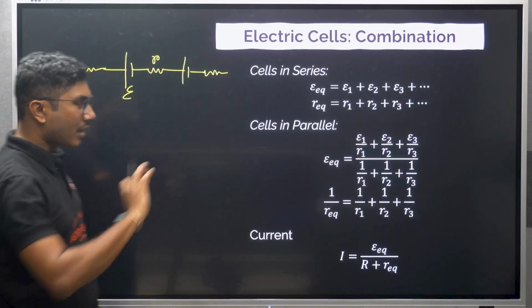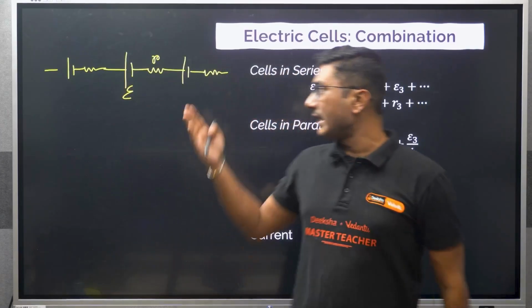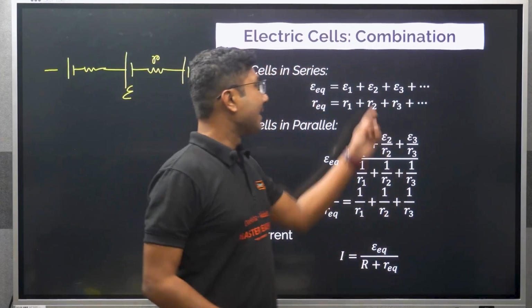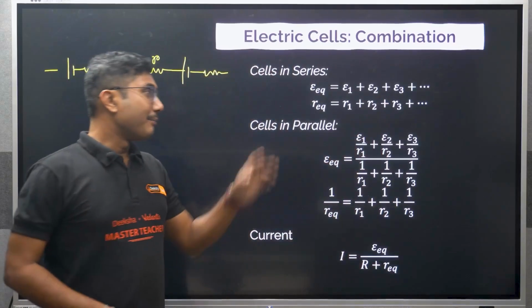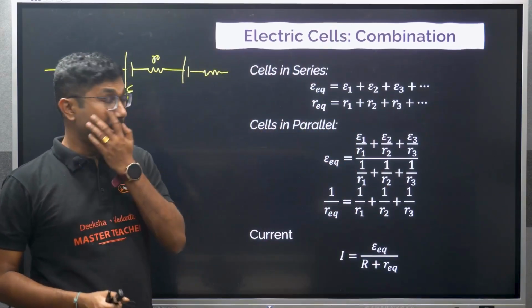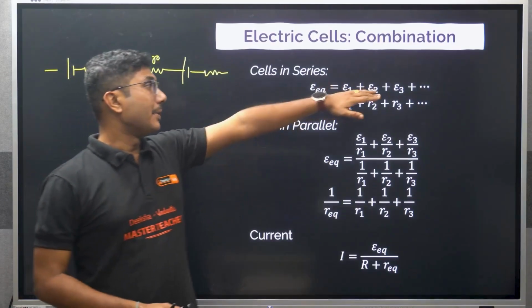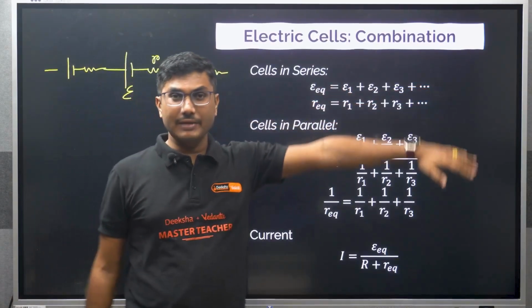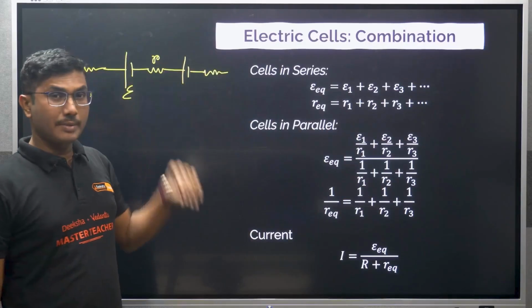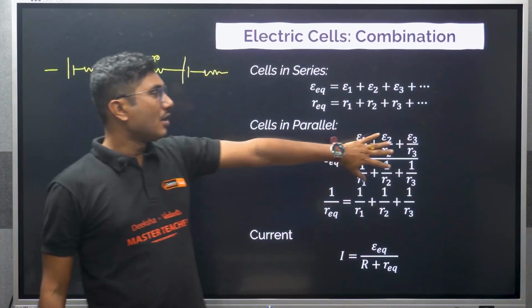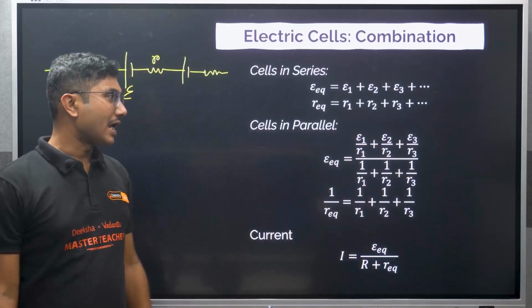But if one of them is inverted, suppose you take this battery and reverse it, then there will be a negative sign in the EMF, but resistance will always be added. Resistance cannot be negative, but EMFs can be negative based on the orientation of the battery. Now in case of cells in parallel, this is the easiest way to remember the formula, that's what I have found.